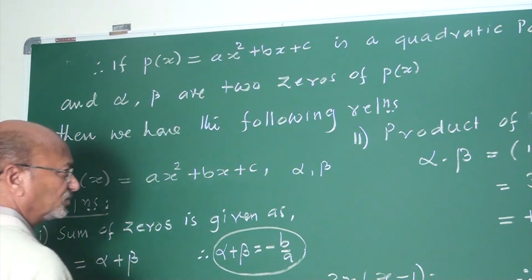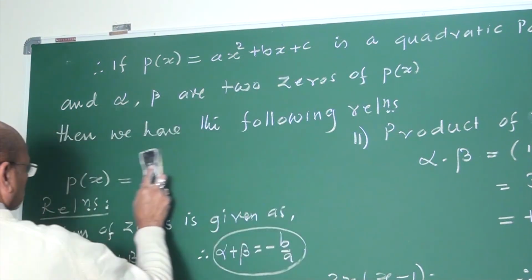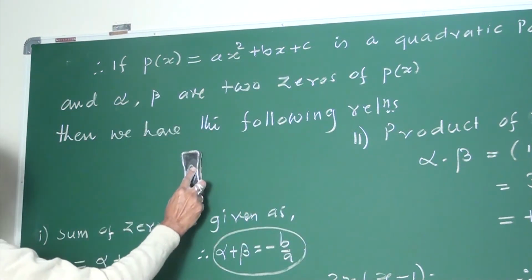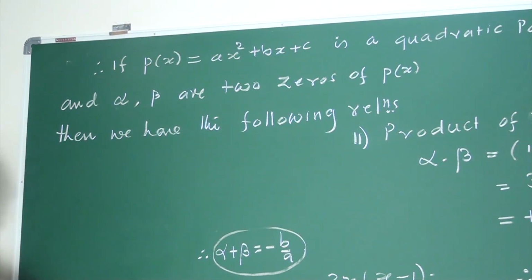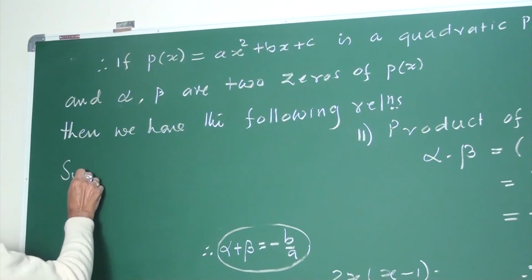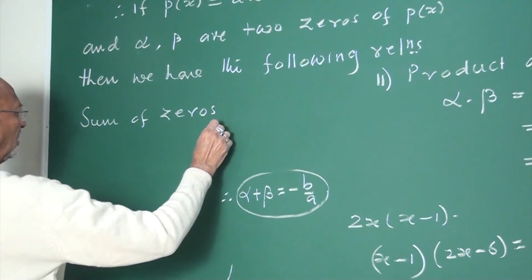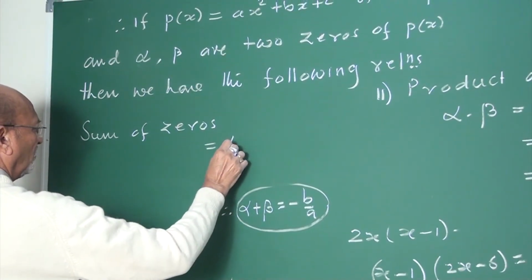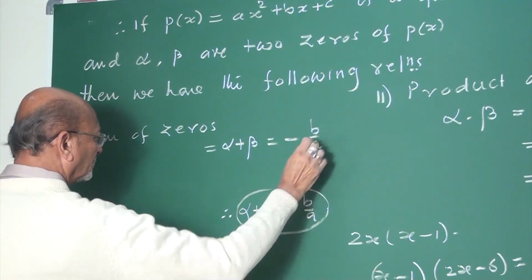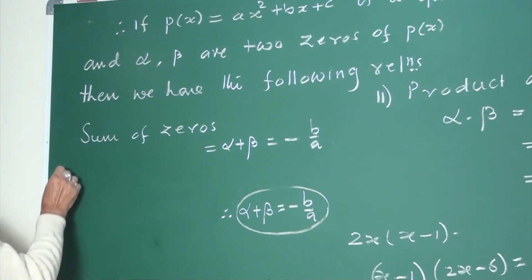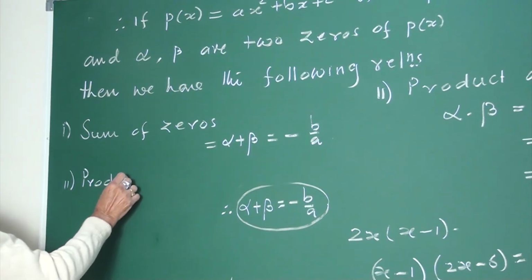First one, sum of zeros. What is it? Alpha plus beta equal to minus b by a. This is one. Second, product of zeros.